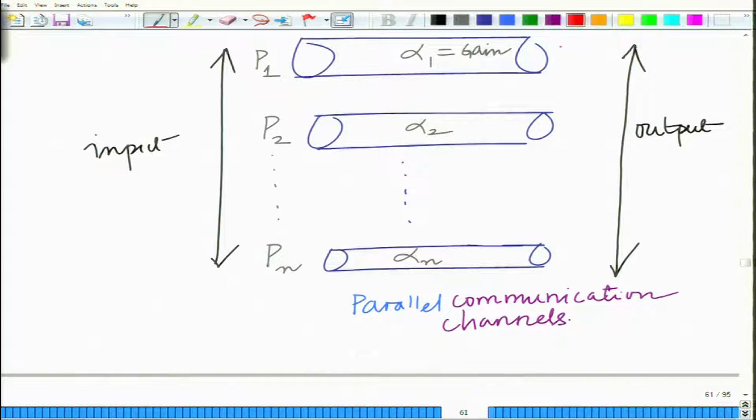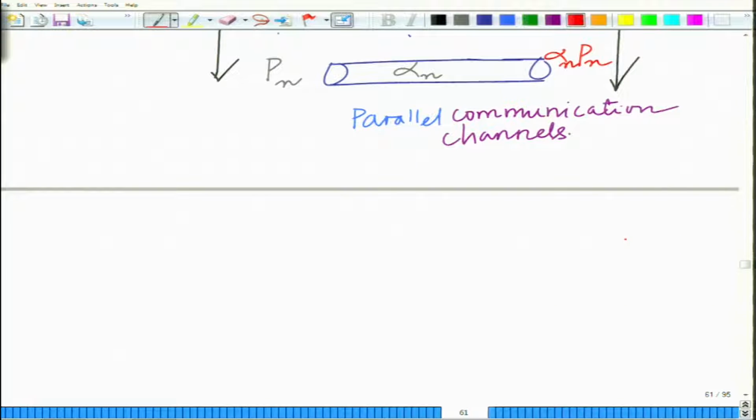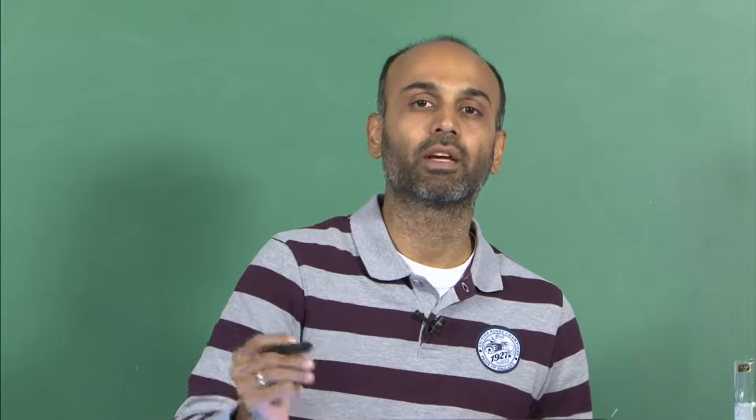The received power will be, of course, gain alpha 1 times power P1. Similarly, across channel 2, gain alpha 2 times power P2, gain alpha n times power Pn. So, what this means is you have a set of n parallel channels; across each channel i, the input power is Pi, the gain is alpha i. So, the output power is alpha i times Pi.